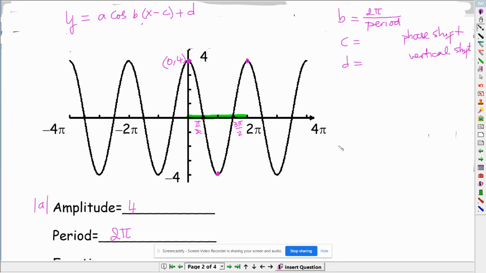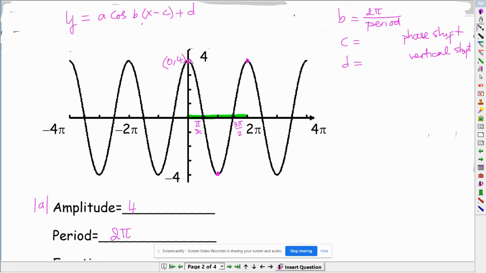So in this graph, the first thing we have to determine is whether it is a sine or a cosine graph. We can look at just one period of the graph.